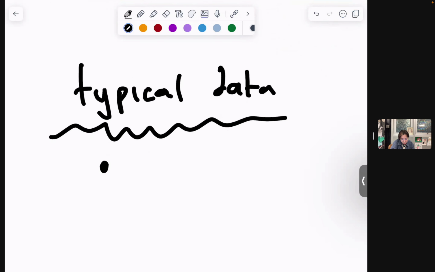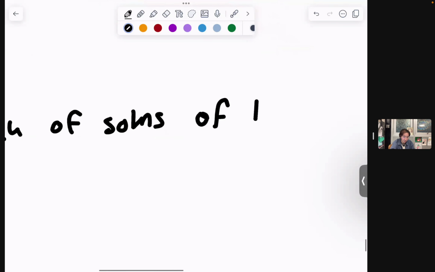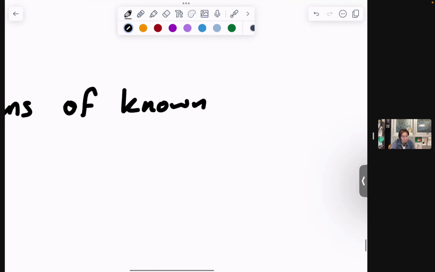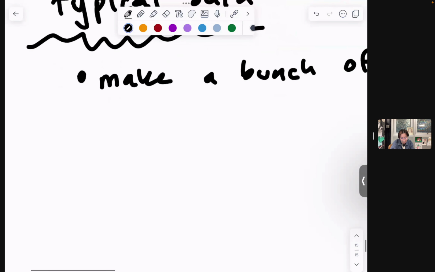So what you would do is make a bunch of solutions of known concentration. Using those molarity calculations that we've now learned, you could know how much to weigh out of each thing, or make dilutions of a stock solution, which is what we're going to do.